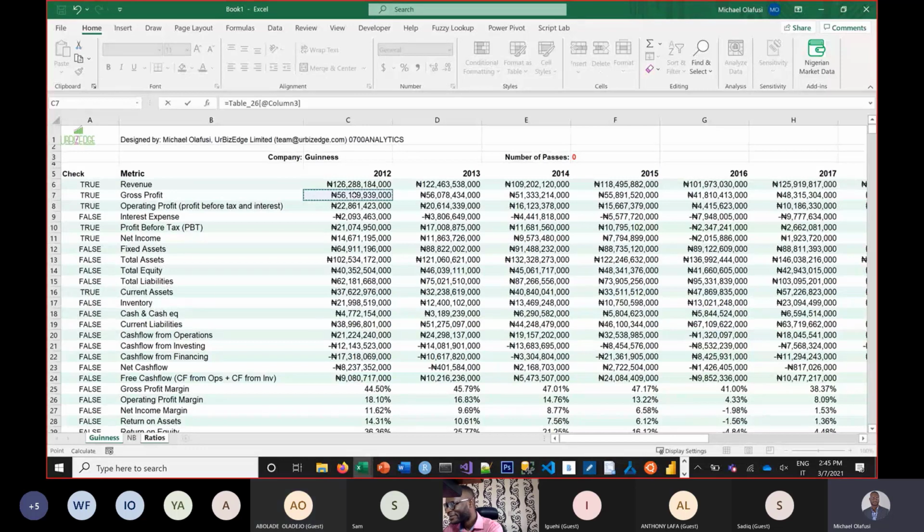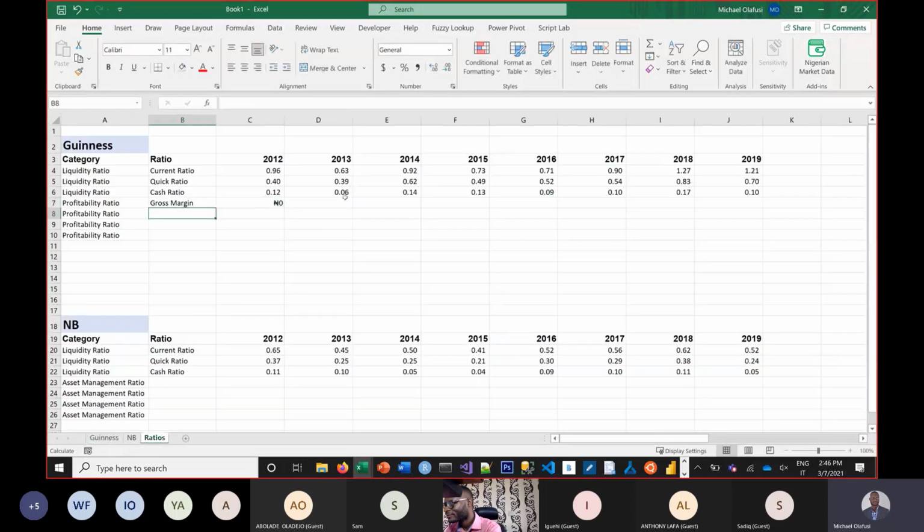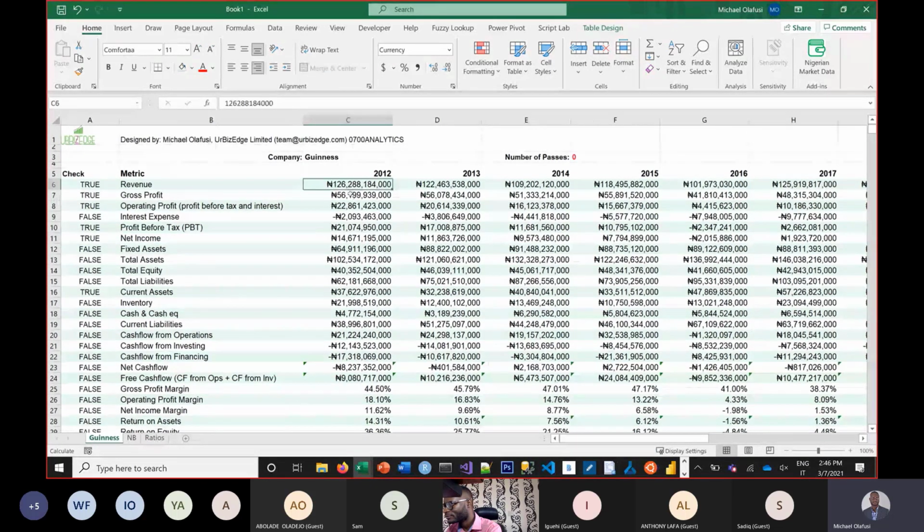So, picking this divided by the revenue, something is happening that I don't like. It is showing as if this is a table.